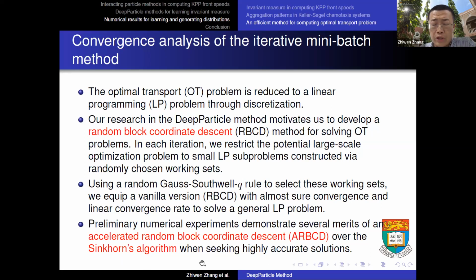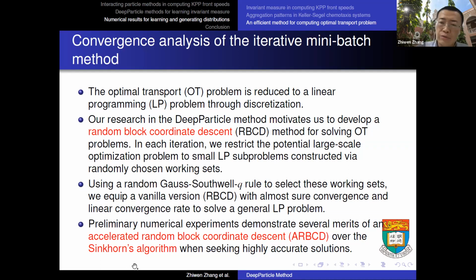When the relaxation number is large, the solution will be affected. When the relaxation number is small, there is some numerical instability. There is a lot of research to stabilize the Sinkhorn algorithm. That's a very hot research topic.